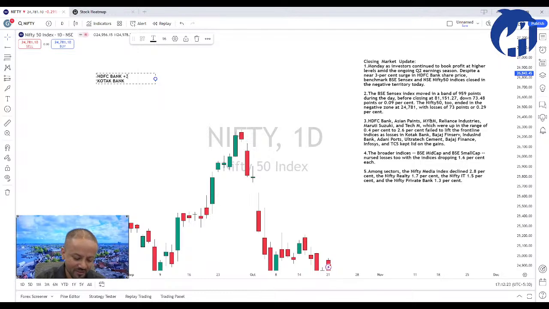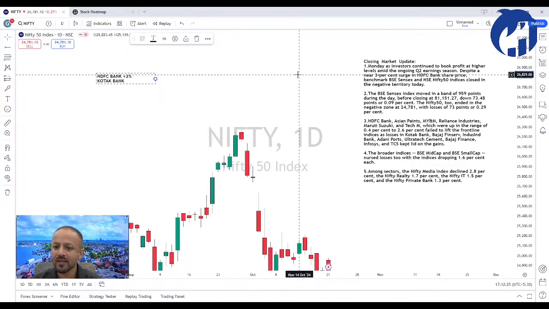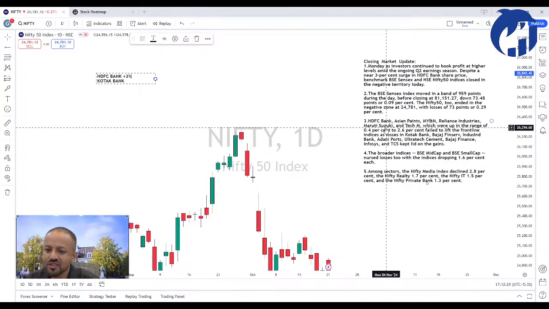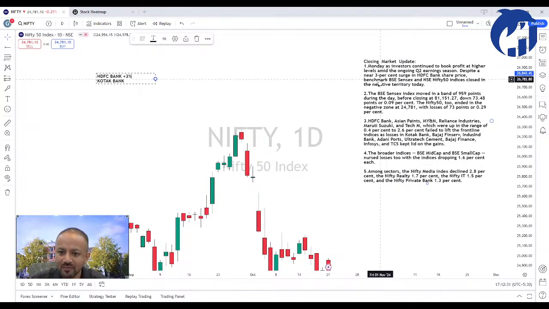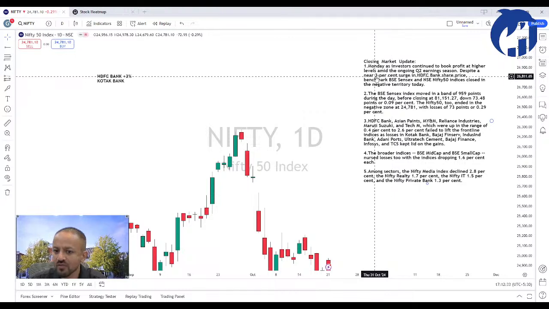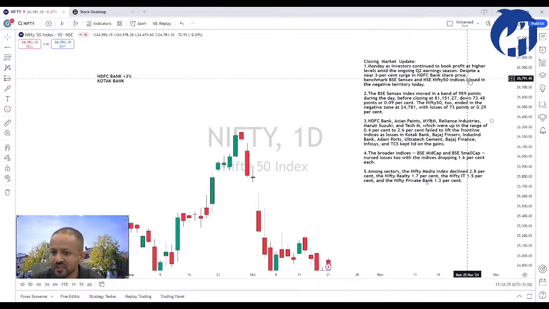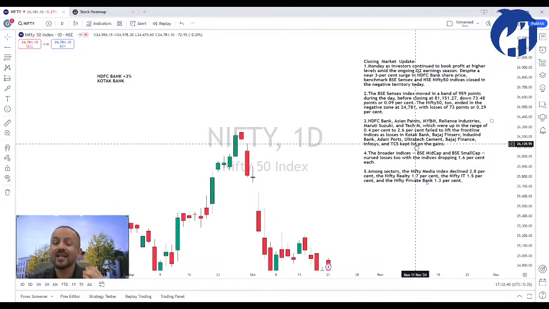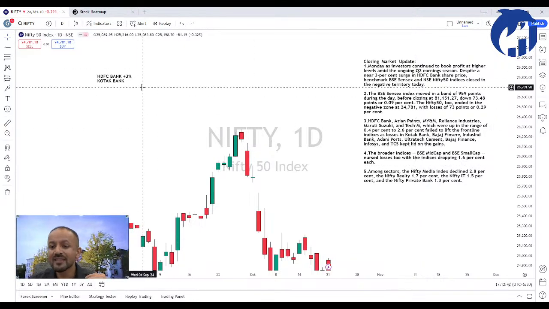Anyways, coming back to HDFC Bank. It's given a percentage spike of around 3% right here. I hope you can see my mouse. 3% surge in HDFC Bank. While at the same time, Kotak Mahindra has taken a pretty nasty fall.